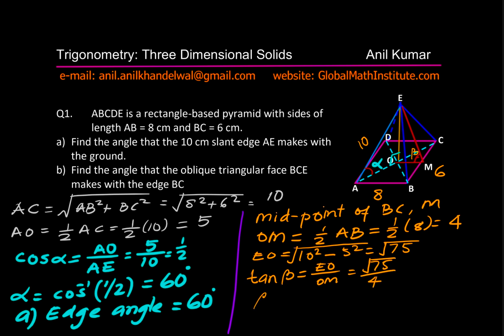So we can find beta as tan inverse of square root of 75 over 4. So let's use the calculator to find this answer. We get shift tan inverse square root 75 divided by 4, and that is equal to 65.2 degrees.